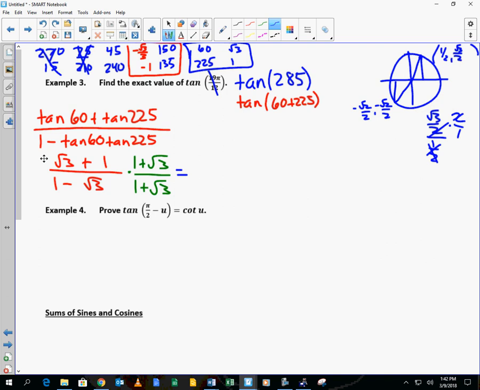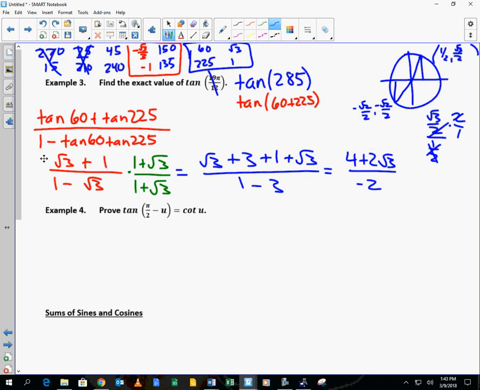All right. Root of 3 times 1 is root of 3. Root of 3 times root of 3 is 3. 1 times 1. 1 times root of 3, over what? 1 minus 3. So I do the top, and I get 4 plus 2 roots of 3. And what do you have in the denominator? Negative 2.